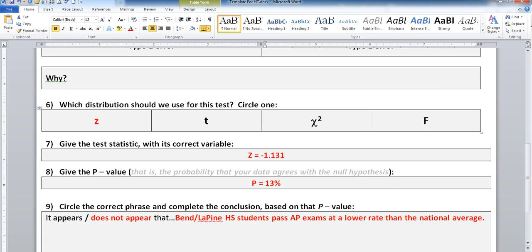I say this because very often I see folks that want to use things like linear regression on population data. Well, the whole point of linear regression is that you're fitting an average to a line. And if you try to use p-values along with that, you're treating it as a sample, even though it's not. So just something to think about. And I hope this helped you get through the Bend-Lapine one. See you.